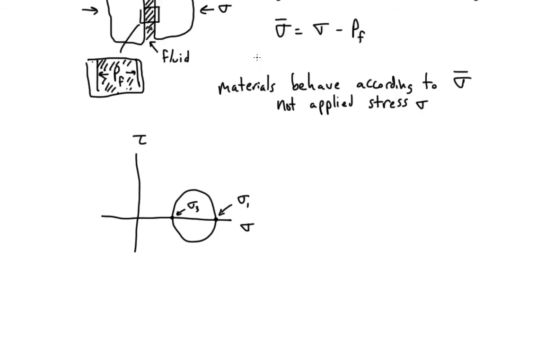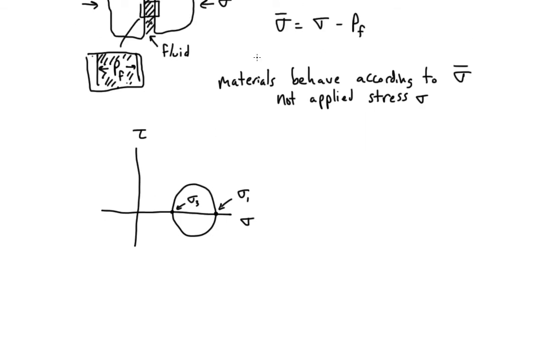But really the thing that's going to control when they fracture is not normal stress, it's effective normal stress. So when we add the fluid pressure in there, the Mohr circle will move over.